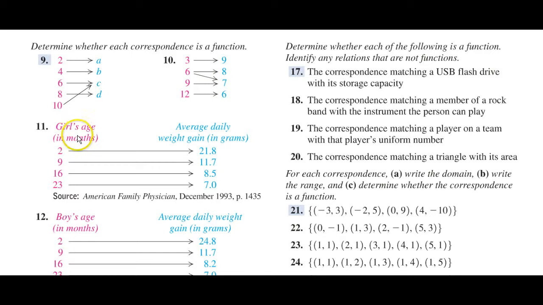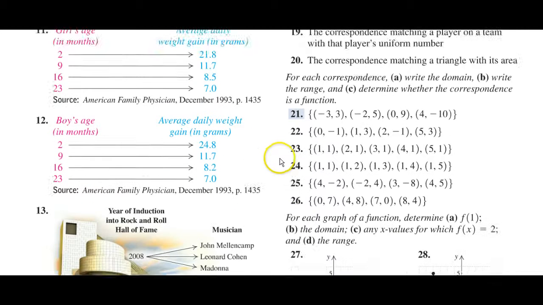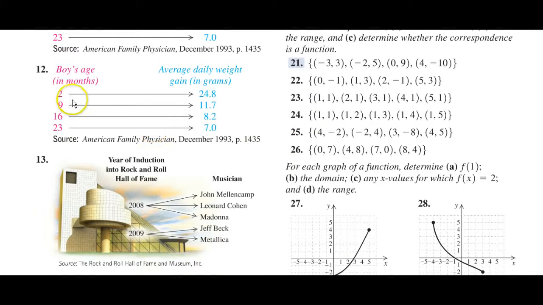And here we have the girl's age, and in terms of months, only one line coming from each of the first input values, which are the x. So this is a function. Here again, only one line coming.